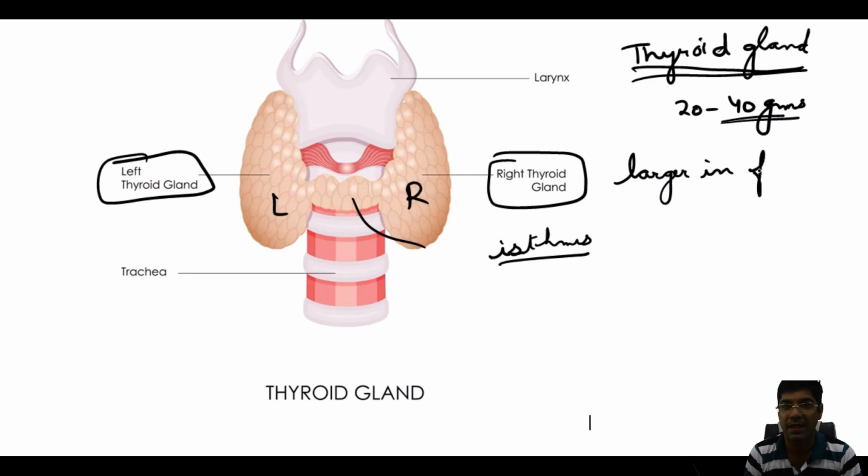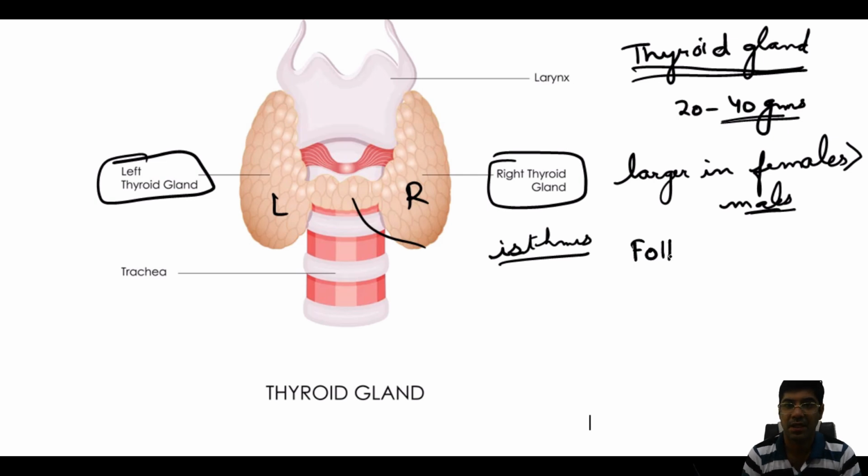In an adult, the weight is, remember, 20 to 40 grams, and the thyroid is larger in females than in males. Remember that.